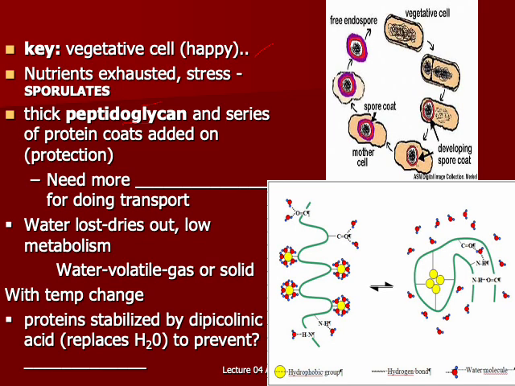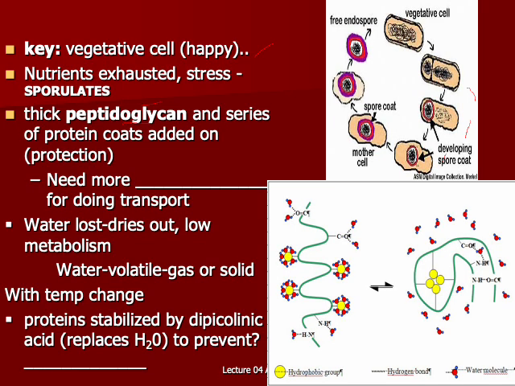All right. So here's our picture, vegetative, and look here, boom, boom. It's developing that coat of spores. And notice it's just one cell. It's 1-to-1. So if you're thinking about this, I'm forming these coats, and some of these coats are peptidoglycan.